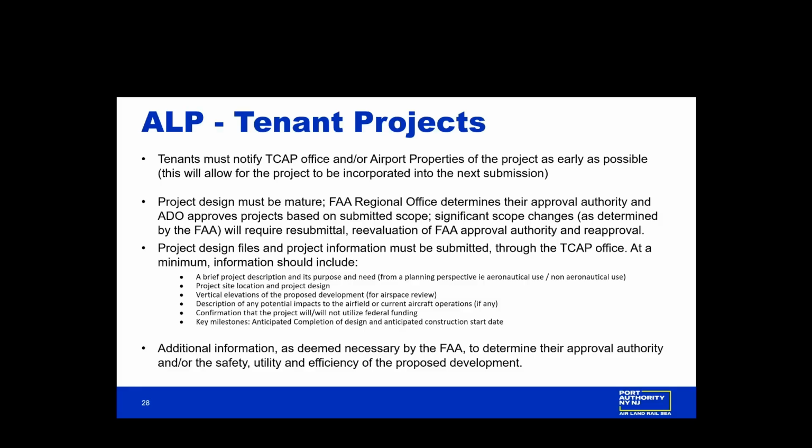We usually ask for a project site plan, and with a building, we usually ask for an elevation view as well, to show the vertical elevation. That's for the airspace review. And we ask for a description of any potential impact to the airfield or current aircraft movement, if there is anything.